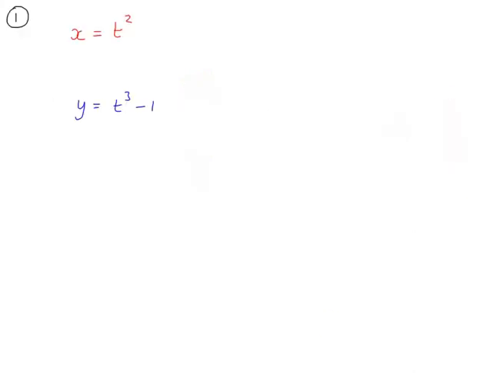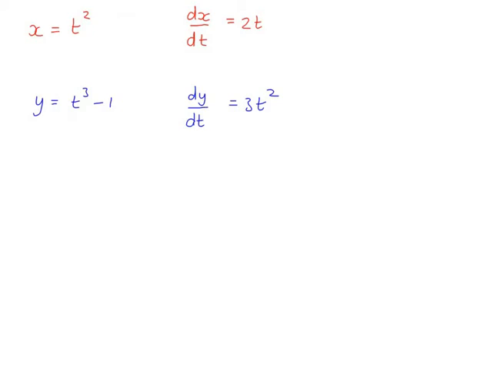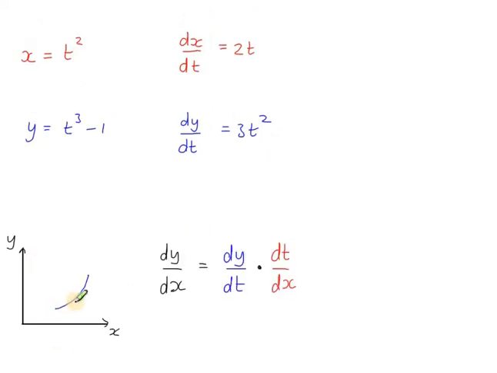Example 1, we have x and y given in terms of a parameter t. We differentiate each one, so dx by dt is 2t, dy by dt is 3t squared. Our curve will have a gradient which is the change in y over the change in x, so we need dy by dx, which is given by our chain rule.